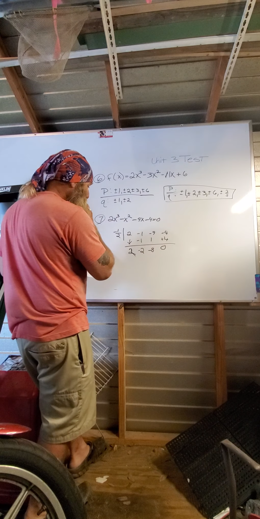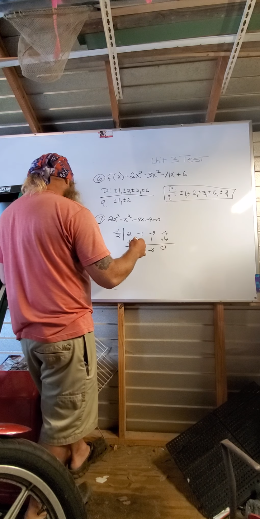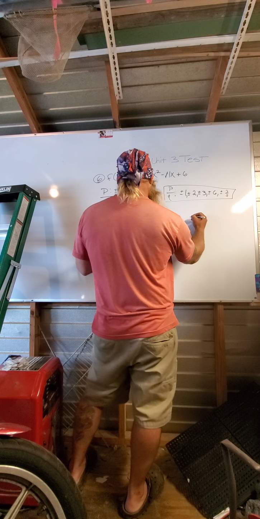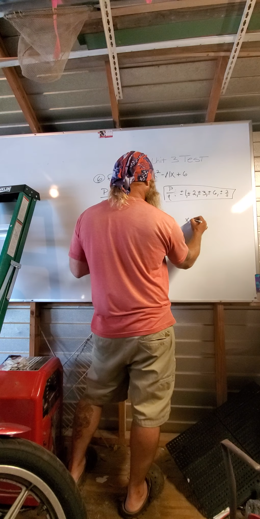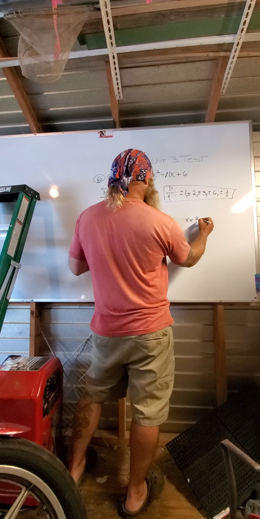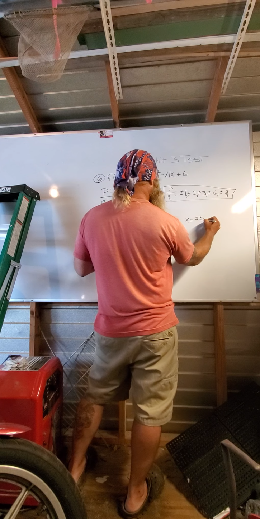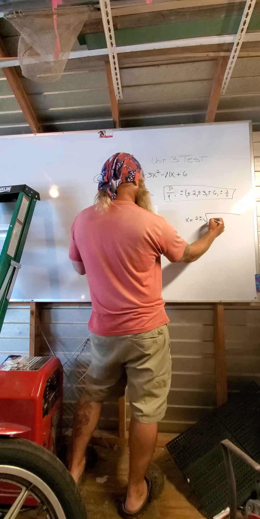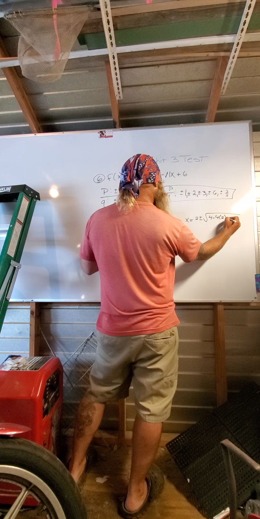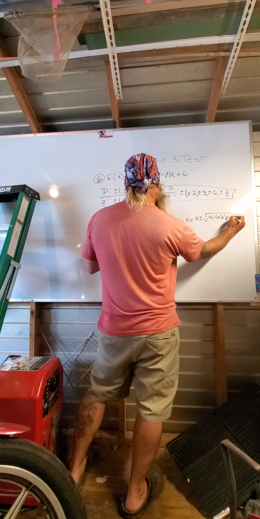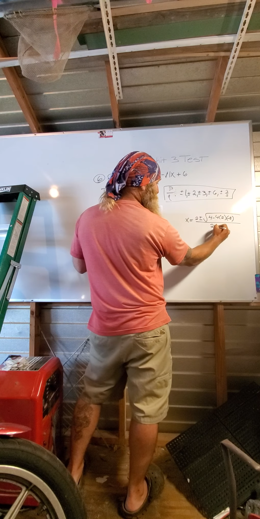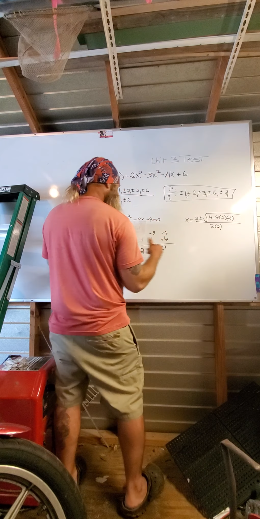So then we take this and put it into the quadratic formula. So we have x equals 2 plus or minus the square root of 4 minus 4 times 2 times negative 8, and that's all over 2 times 2.